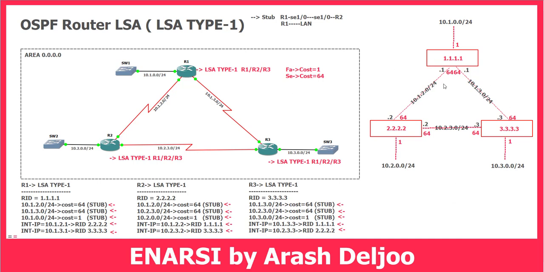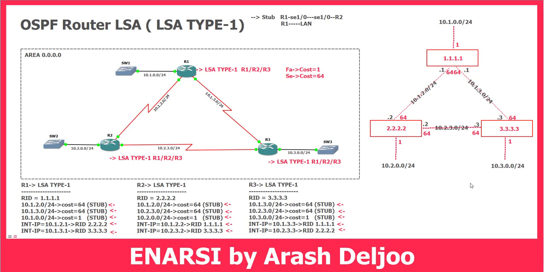This is the topology, the IP addressing, and also the cost. Now, as you can see, with the LSA type 1, we can easily draw the topology of a network in a single area, and only when we have point-to-point networks.